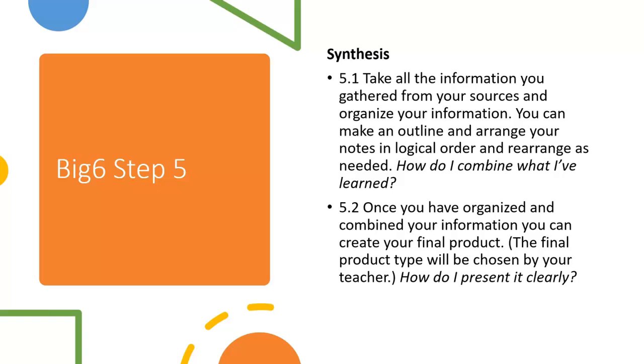So ask yourself, how can you combine what you've learned, everything you took from your sources, in a logical way to get a final product? Also in this step, once you've organized and combined your information, you can create your final product.